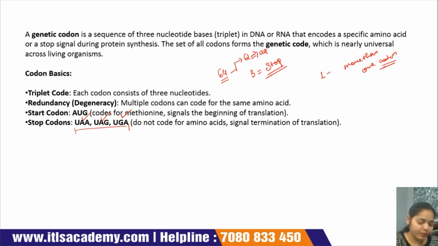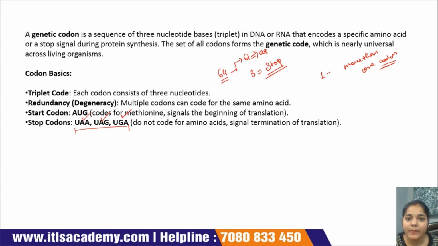They terminate the process of translation. Next is the start codon. AUG codes methionine, and this is known as the start codon, and it gives a signal to start the process of translation. Next is degeneracy. Degeneracy means one amino acid is coded by more than one codon. This is the basic concept of genetic codon.